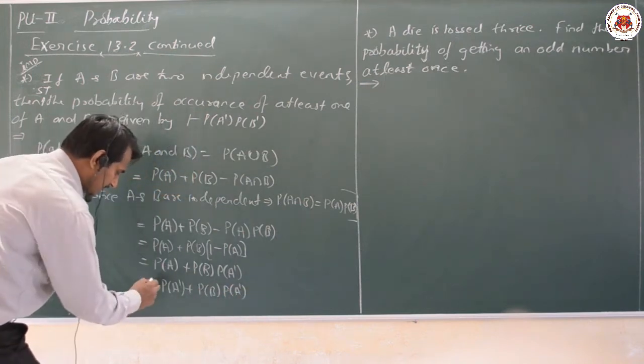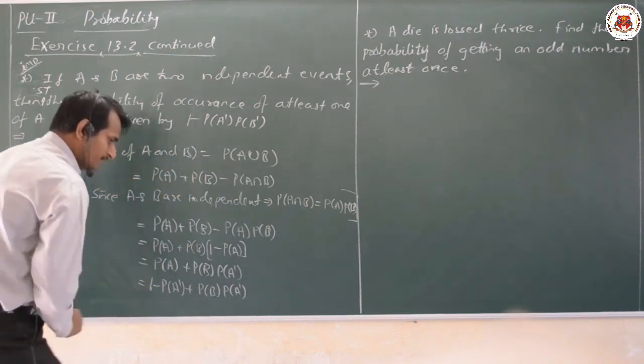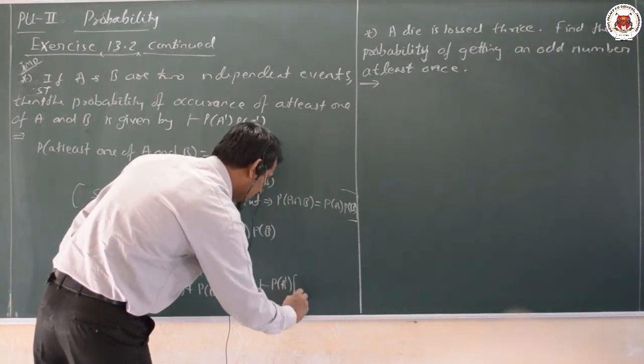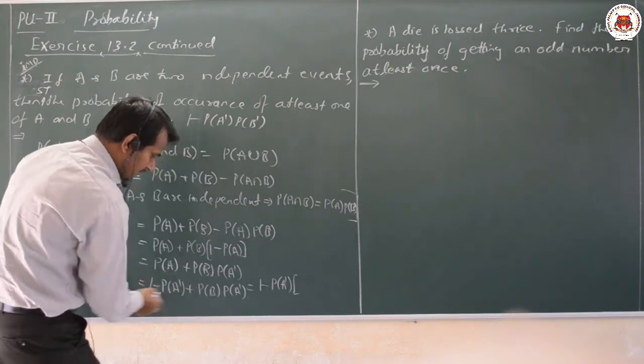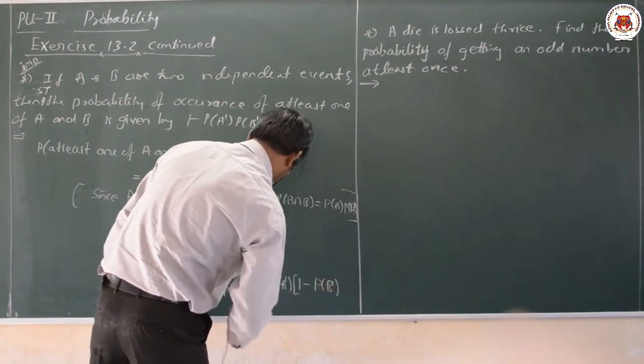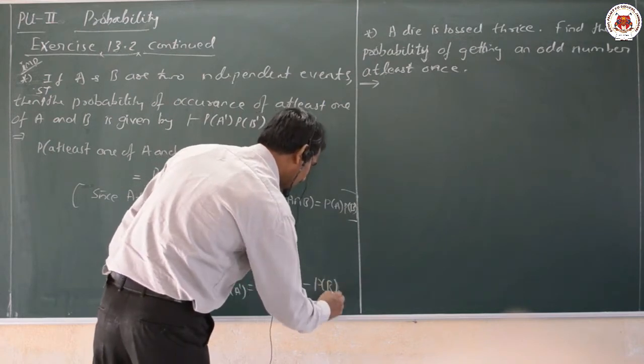Now P of A can be written as 1 minus P of A dash, plus P of B into P of A dash. If I take P of A dash common, I get 1 minus P of B.